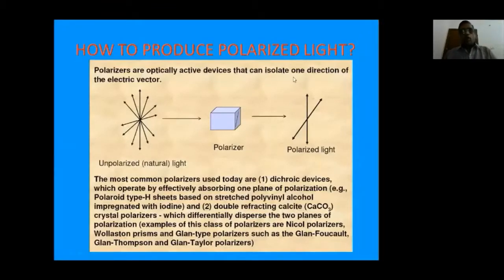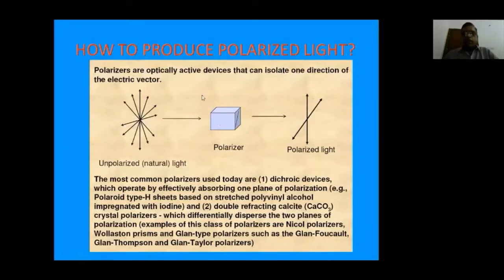Now, how do I generate polarized light? For plane polarized light, you take unpolarized light and put a polarizer in between, and you get plane polarized light. Normally, these polarizing devices can be sheet polymer based polarizers or a calcite crystal. There are different families of polarizers, like Nicol polarizers and Glan type polarizers, called Glan-Thomson and Glan-Taylor polarizers.